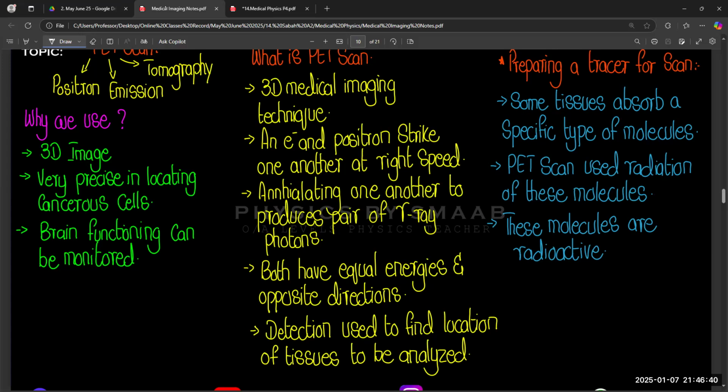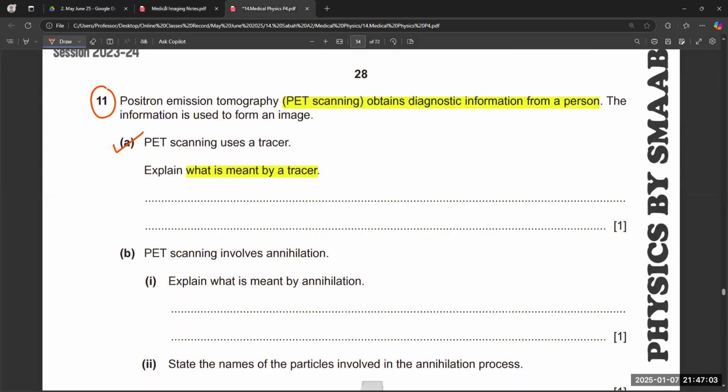For example, if we are working on tissue A, tissue A absorbs a different type of material, and tissues B, C, D, etc. absorb different types of materials. So the main purpose is to prepare some type of radioactive nuclei that is absorbed by the tissue or a specific region in the body that we are working on.